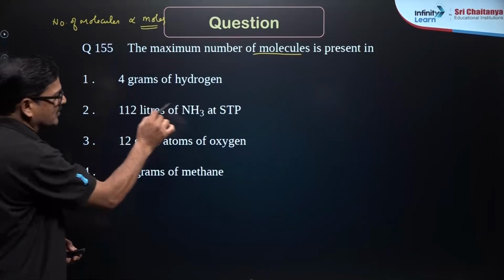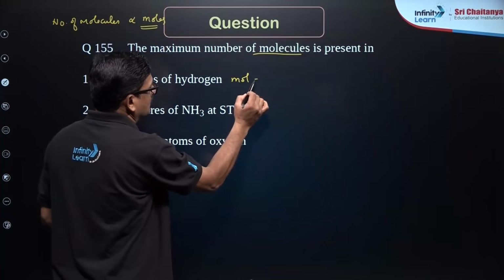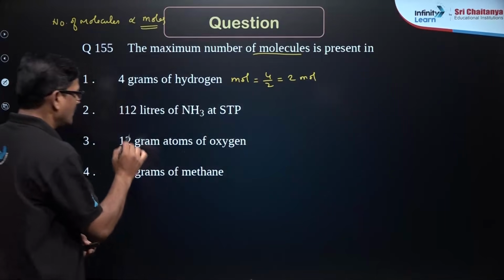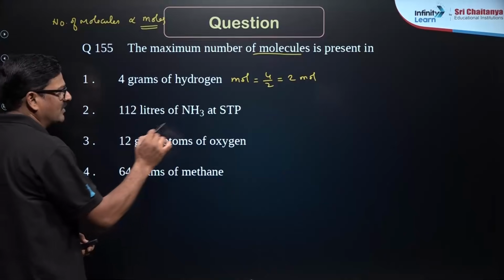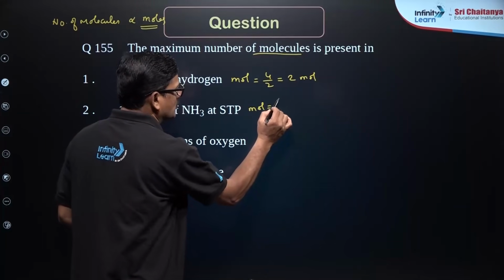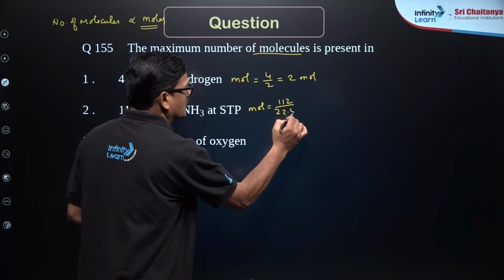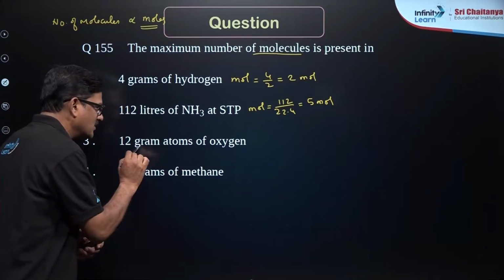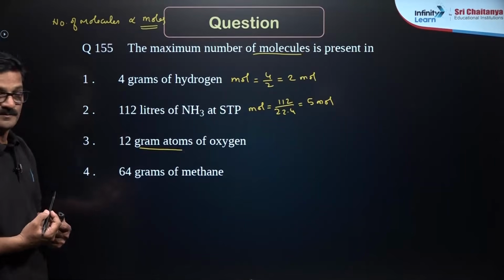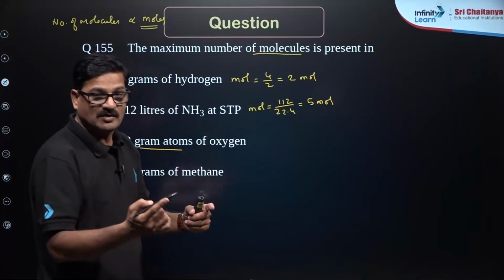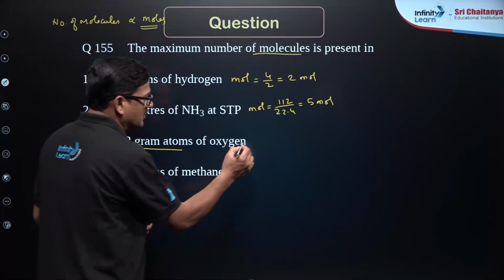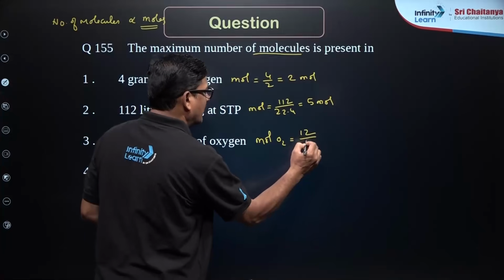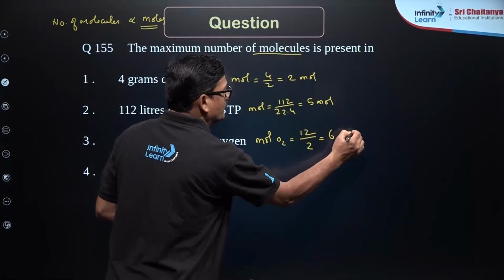So 4 grams of hydrogen: number of moles is 4 divided by its molecular mass 2, which is 2 mole. 112 liters of ammonia: number of moles is 112 upon 22.4, which is 5 mole. 12 gram atoms means 12 moles of oxygen atoms, and each oxygen molecule contains 2 oxygen atoms, so the number of moles of oxygen is 12 by 2, which is 6 mole.